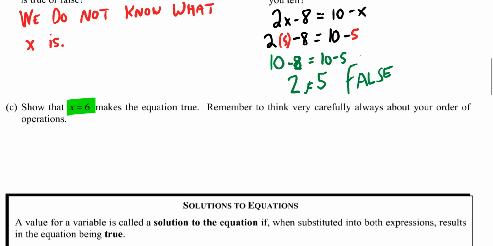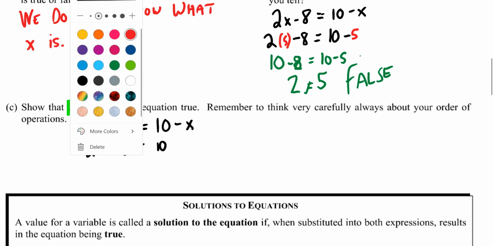Salim, you didn't get that off the paper, did you? Good idea. So Salim said, let's see what happens if it's 6. So I'm going to take my equation, 2x minus 8 equals 10 minus x. Super smart Salim said 6.